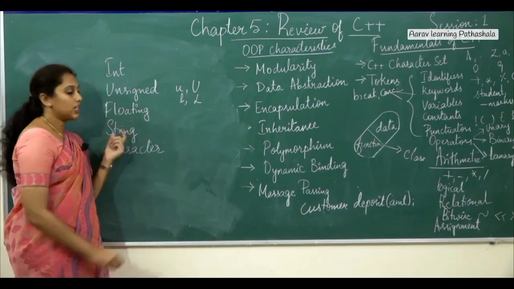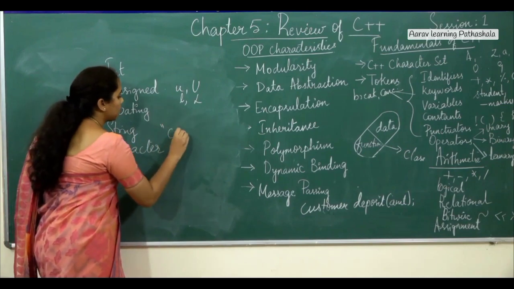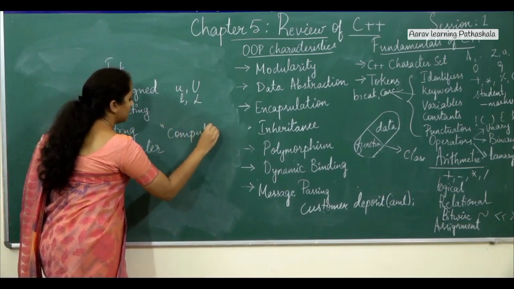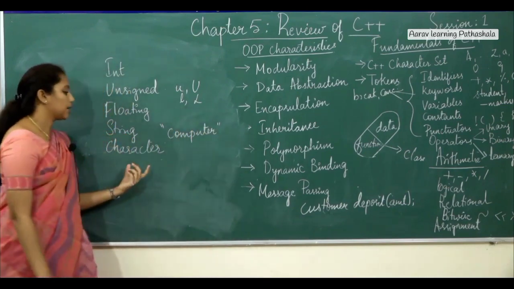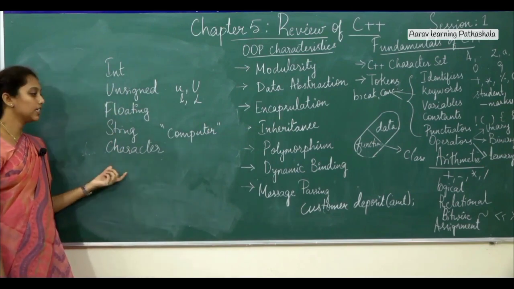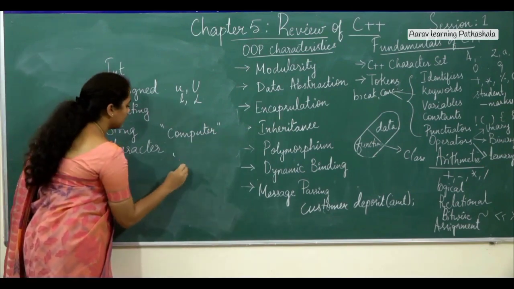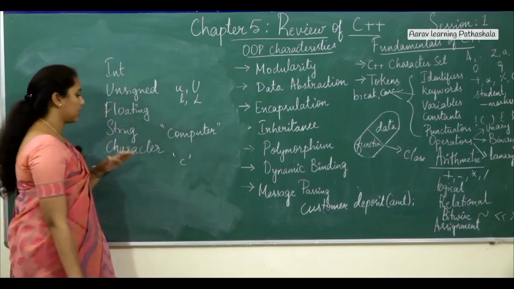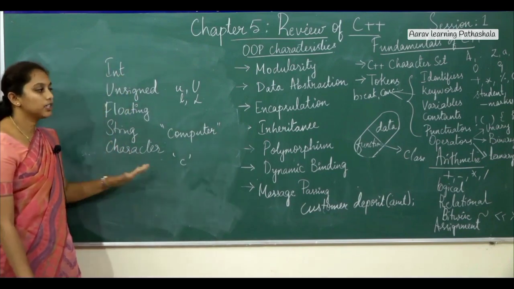A set of characters enclosed within double quotes is called a string constant. A single character enclosed within single quotes is called a character constant.